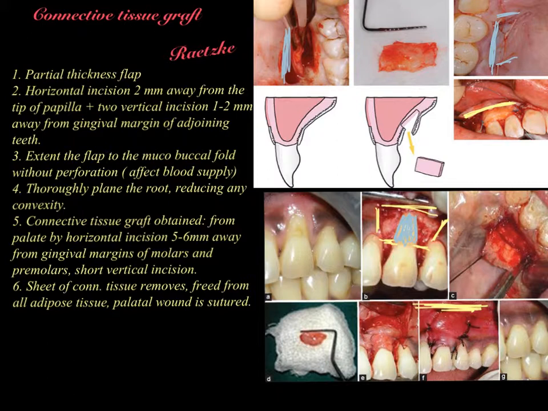Then a sheet of connective tissue, as you see here, is removed from the underlying epithelial tissue. This is the epithelial tissue. We raise the epithelial tissue and remove the connective tissue graft.